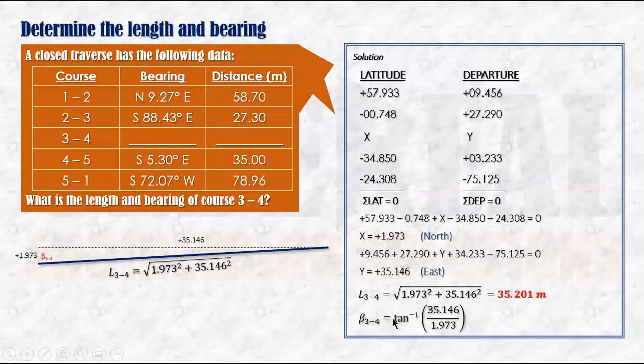So solving for beta, it's arctangent of that ratio. Arctangent of 35.146 over 1.973. So evaluating that, we can get 86.787 degrees. That means its exact bearing, together with the direction, is north 86.787 degrees east. No? So that is the conventional way.